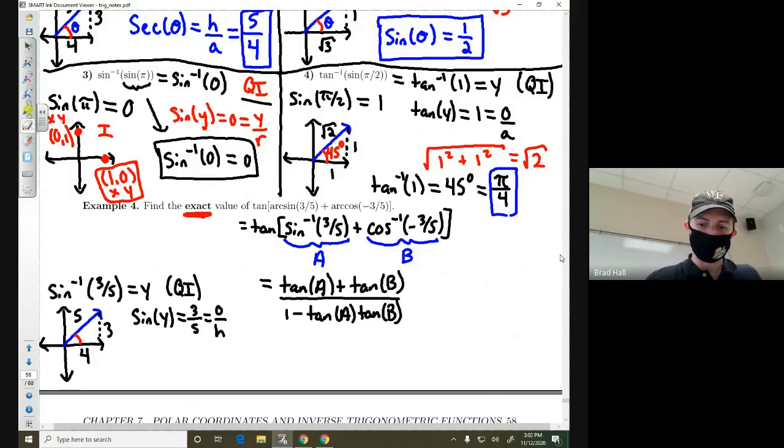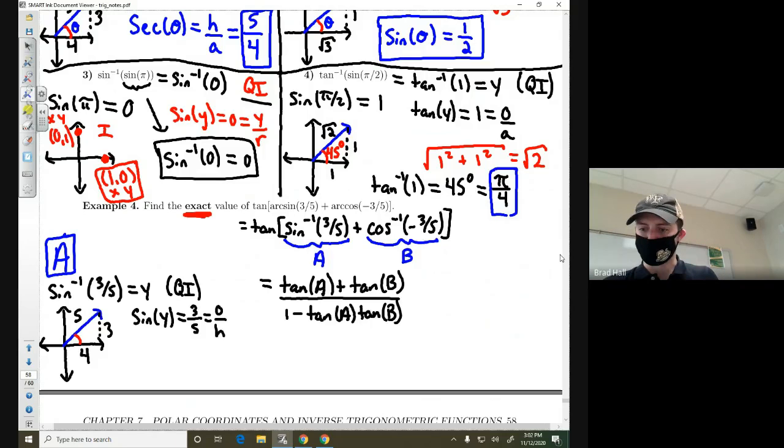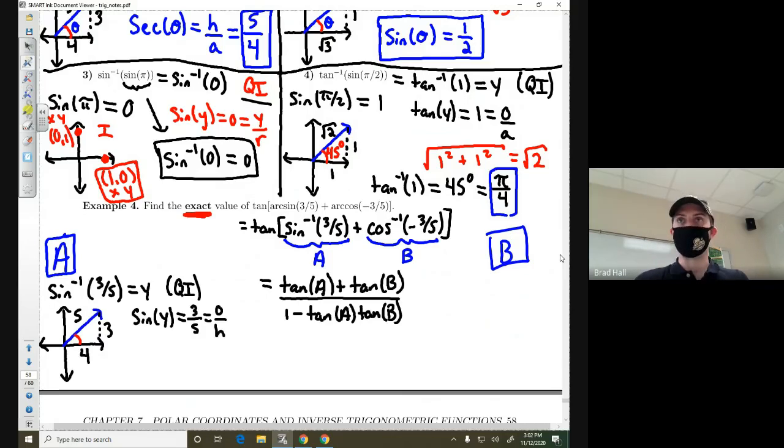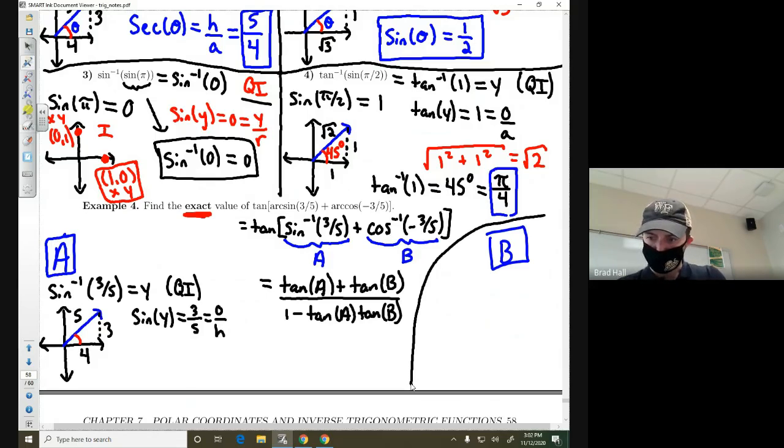What we have done is we have constructed angle A over here, and we can construct angle B over here, which would be the cosine inverse of negative 3 over 5 is equal to y.